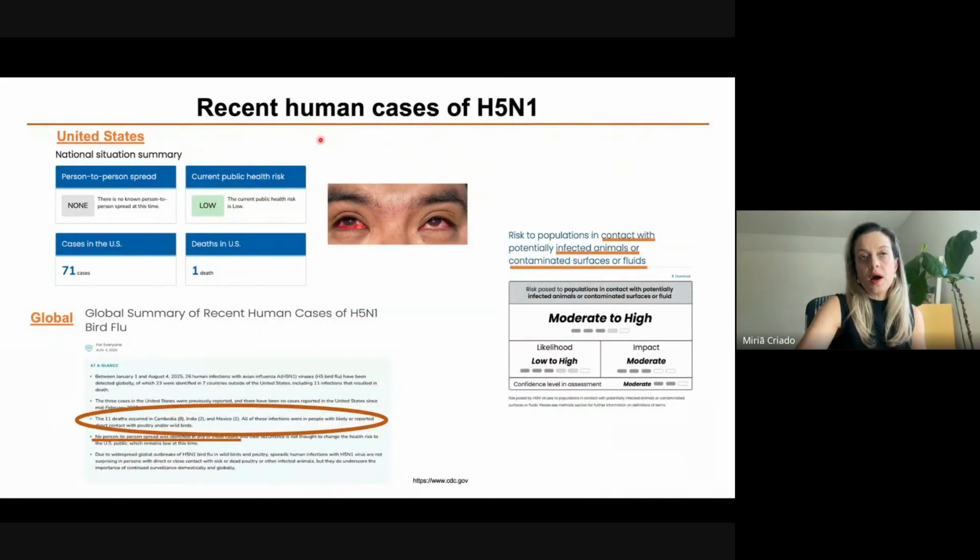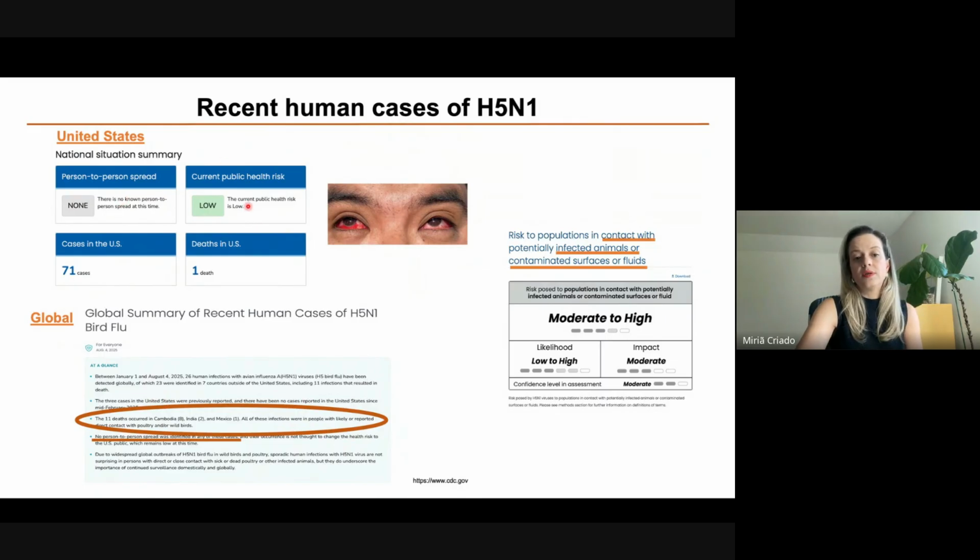If you look at the data from the CDC, the Centers for Disease Control, here in the United States, according to their website until July, it's really important to highlight that they didn't have any detection of H5 spread from person to person in humans.